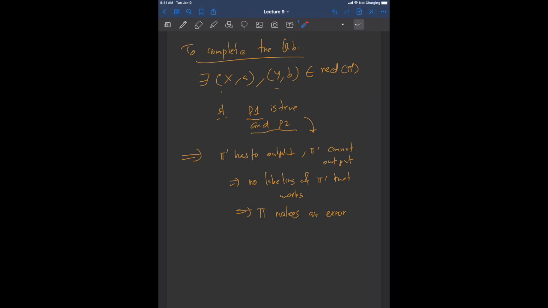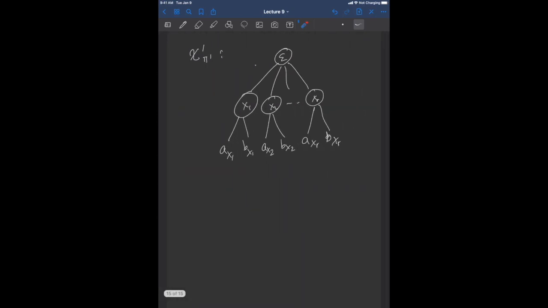It's a fairly standard argument, right? Any questions about this whole strategy? To complete the proof, we want to describe a randomized algorithm that samples something with non-zero probability, and that would show that there exists such an input, right? Okay, so what is our sampling algorithm going to be?